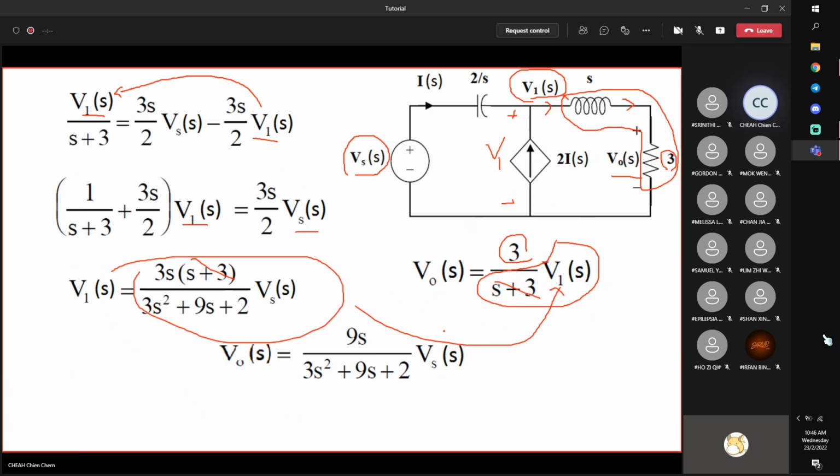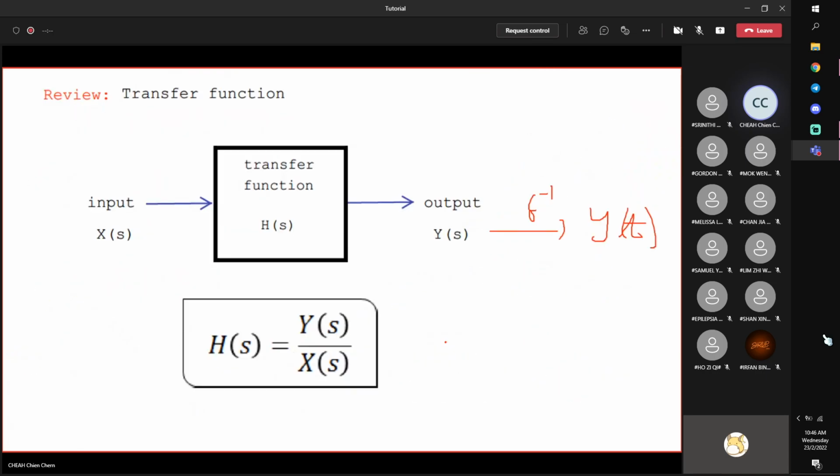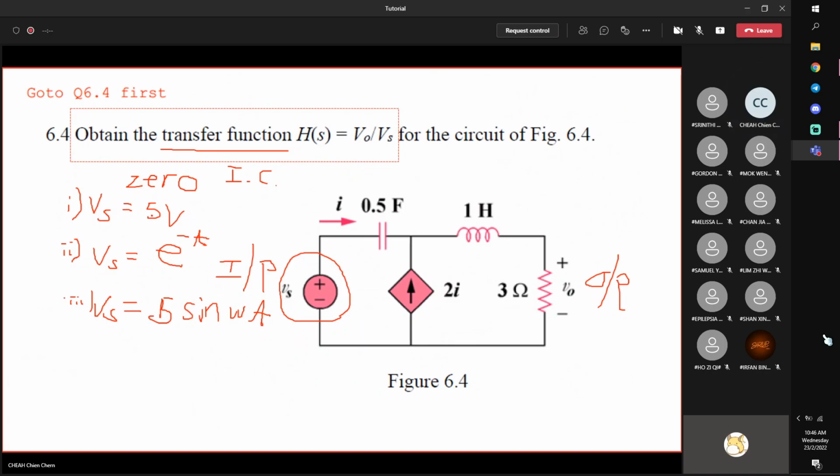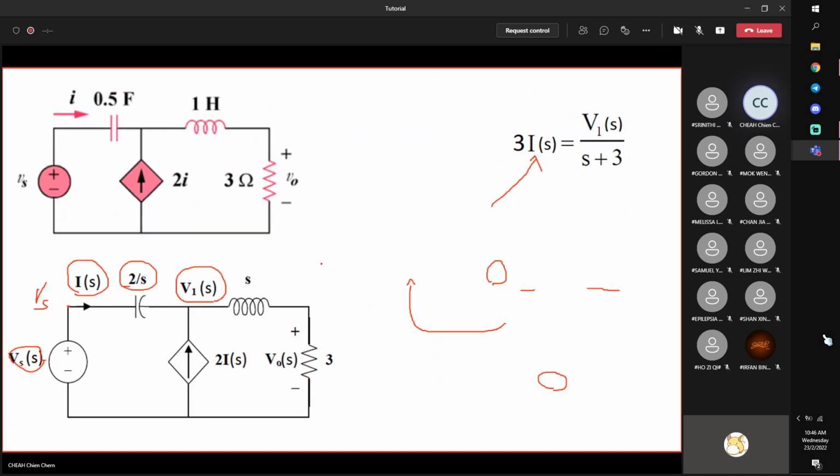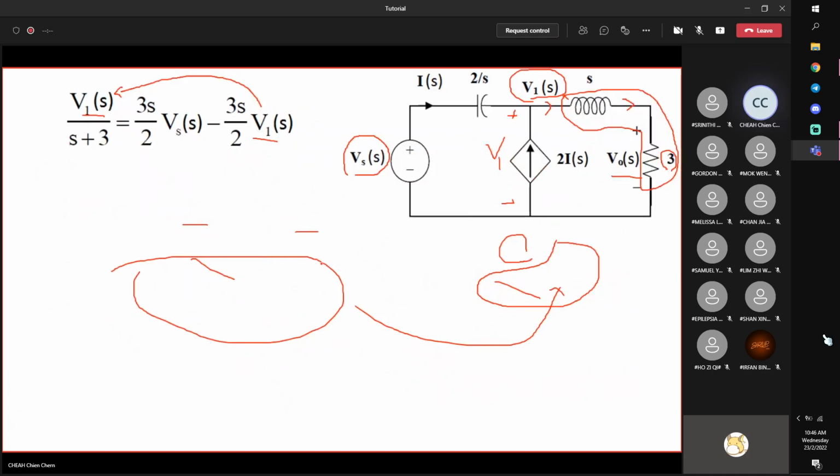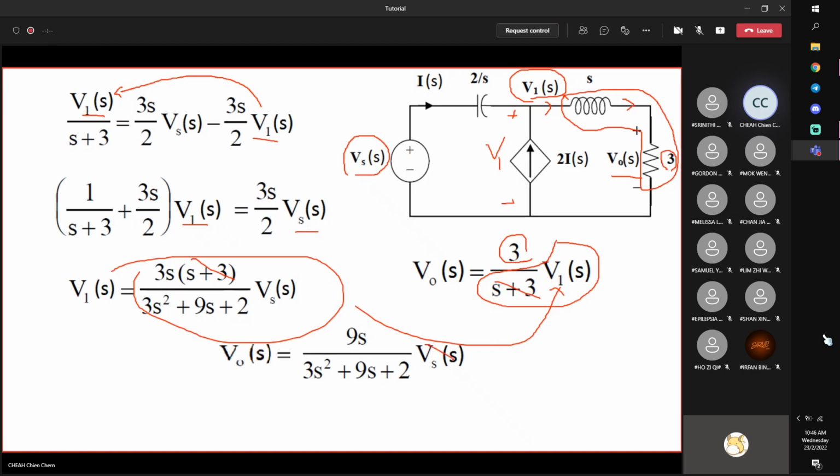Now, this term is nice because if your input is 5 volts, in the Laplace domain it is 5 divided by S. Then you put 5 divided by S into here. After that, expand it by partial fractions and take the inverse Laplace transformation, and you get V0 of t.